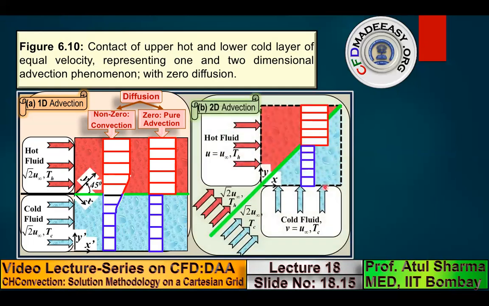In the xy coordinate system, x is the horizontal direction and y is the vertical direction. Rotating the x prime y prime system by 45 degrees gives us this new coordinate system xy.